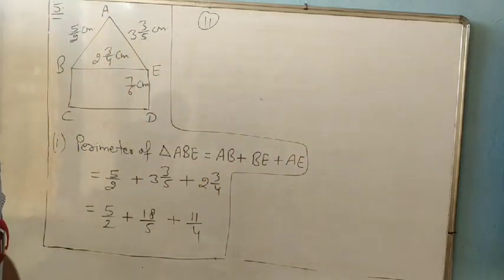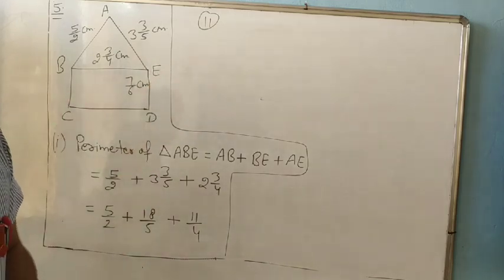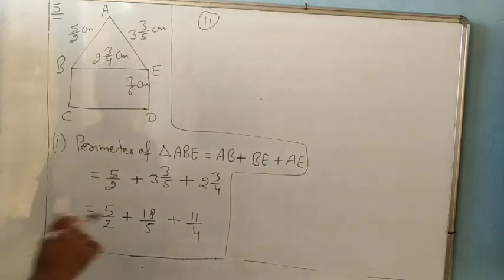Given rectangle BCD in this figure, whose perimeter is greater?